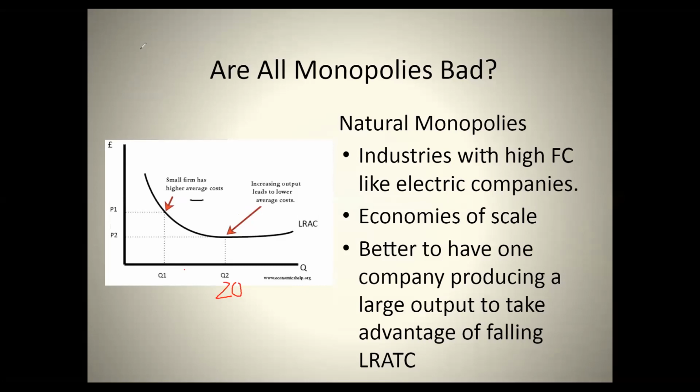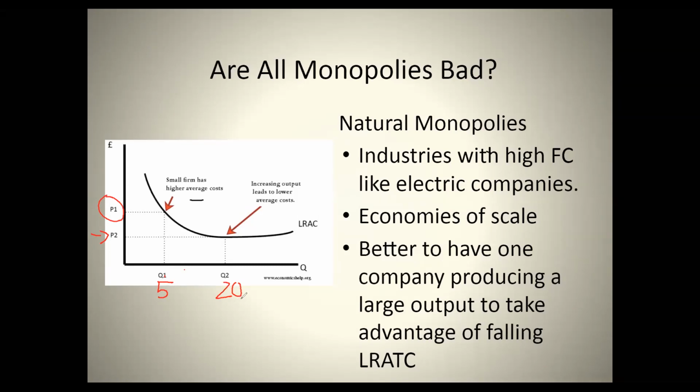And we had one firm producing 20 at this cost of production. If we had 4 firms producing a quantity output of 5, each of these firms would have this much higher cost of production right here. That would be silly. Why not have one firm producing all 20 at a much lower cost of production? So this is the idea of economies of scale.